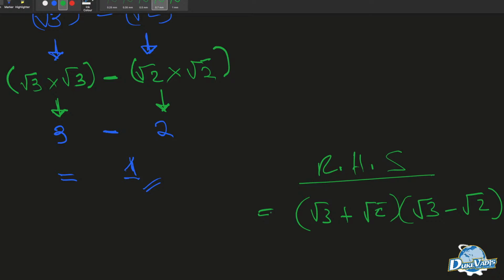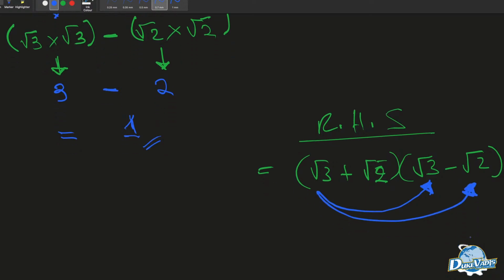So since this one is 2, let's write it well. All we have to do is take the first one, the first number, multiply by this, by root 3, and the same number goes to multiply root 2, and we write the answer.